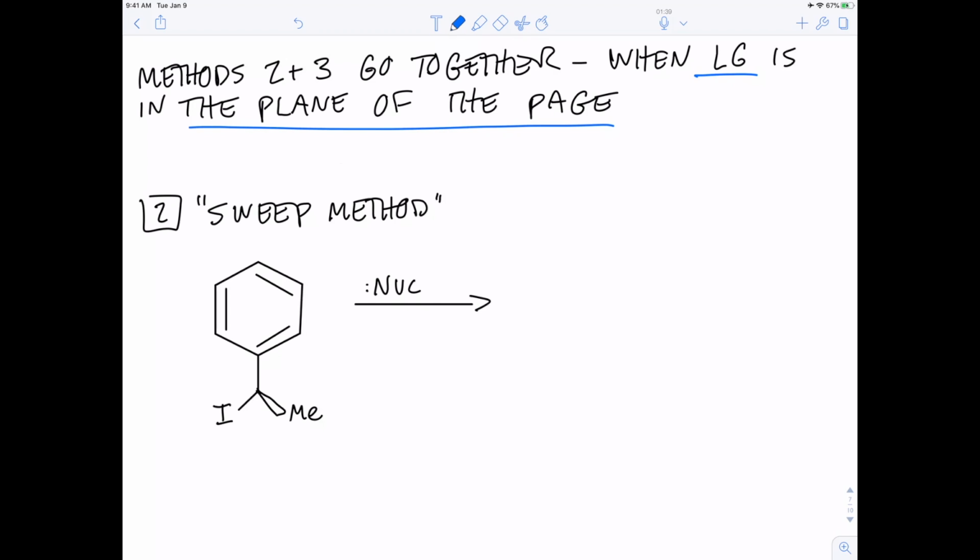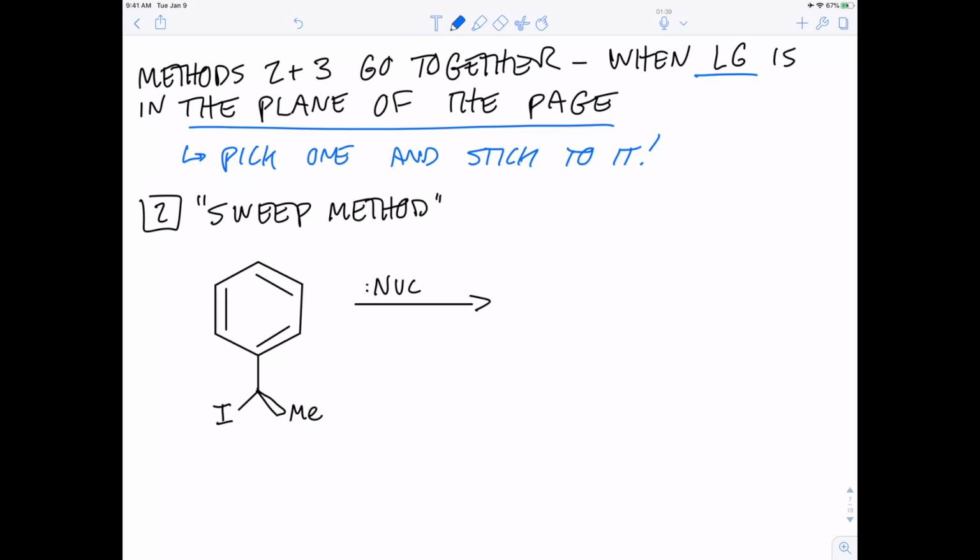So I recommend you look at methods 2 and 3 and then pick the one that you like the best and stick with it, because having both of them jostling around in your brain might make you liable to get them mixed up, and then you'll end up with a wrong answer. So look at them both and then pick one and just stick to it.